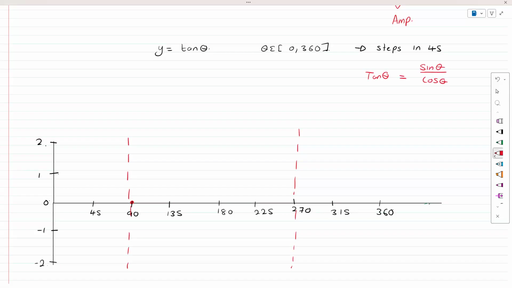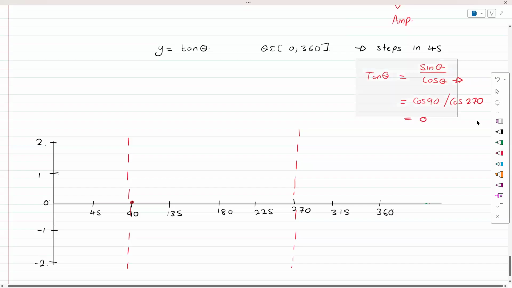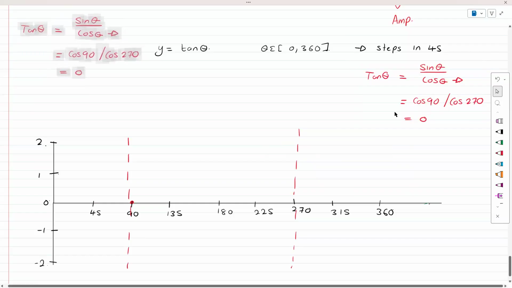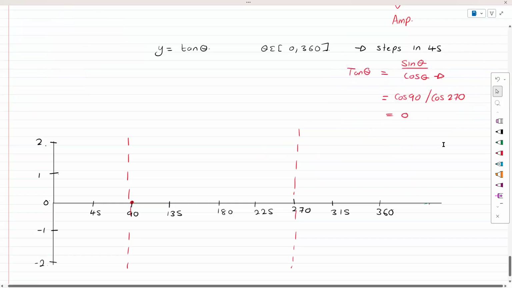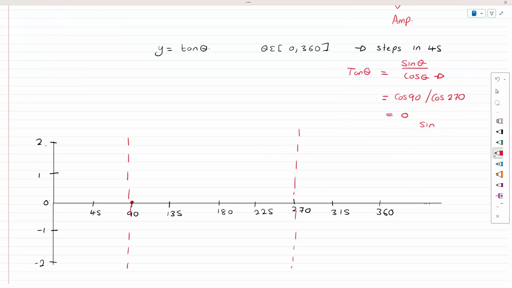Now, guys, whenever we deal with cos, if you deal with cos of 90 or cos of 270, you would see that this gives you 0. But the fact that it gives you 0 means we have sine theta over 0, and that's undefined.